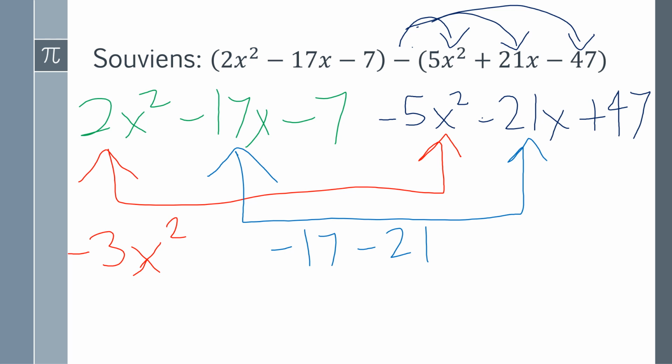So with that being said, who is bothering me at this moment? I'm sorry, y'all. Let's go ahead and do this. So that means your final answer should be negative, and that is going to be a negative 38x.